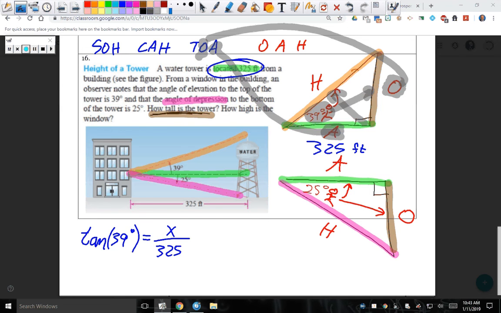Okay, two ways that you can solve this. And I will allow you to use a calculator for this. You can either multiply both sides by 325. Or if you would like to, in your solve feature with your calculator, you could say solve this comma x. Okay?